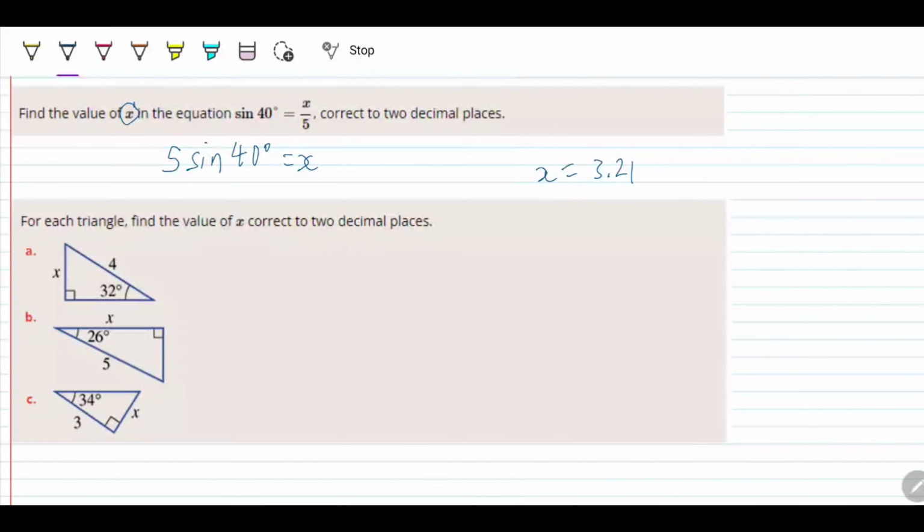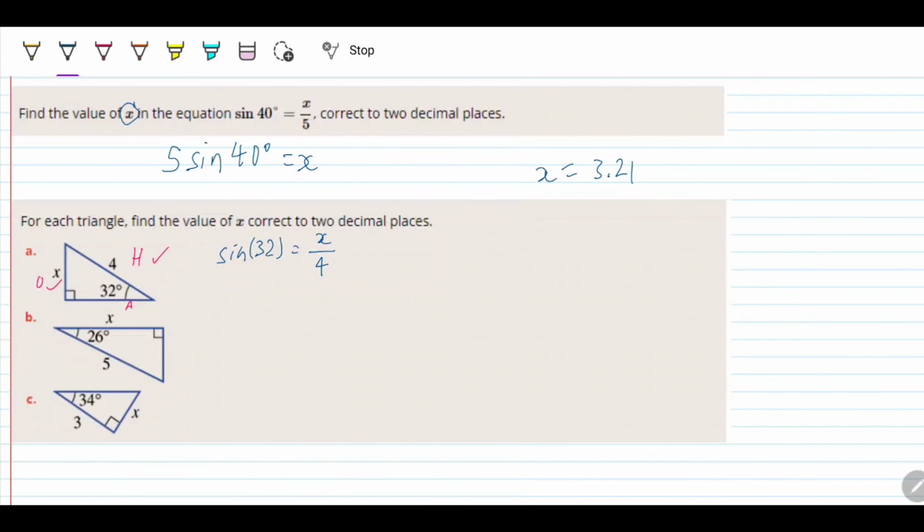For each triangle, find the value of x correct to 2 decimal places. So once again, you need to label the side lengths. So the hypotenuse is here, this is the adjacent, this is the opposite. We are given the hypotenuse and the opposite, so therefore we need to use sine. So sine 32 equals x over 4.